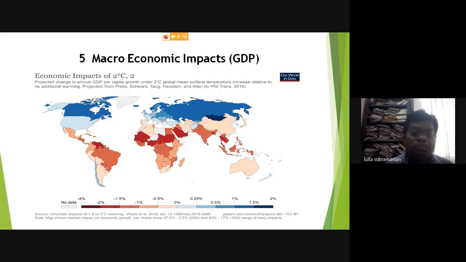If global warming reaches 2%, this kind of impact will come. And more than 2%, the global GDP will definitely become minus. That is what each and every economist is arguing. So the global GDP is impacted due to climate change.